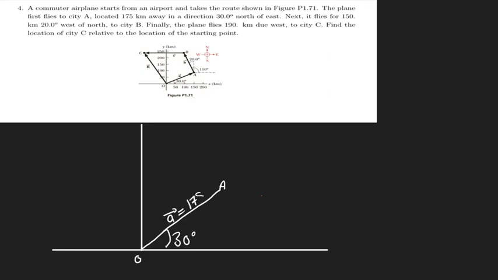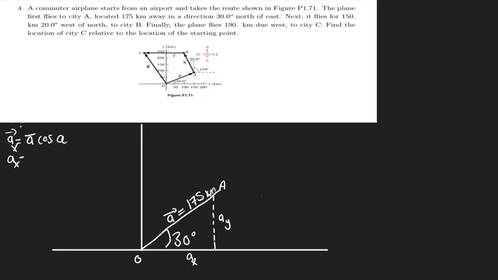If this is 175 kilometers, then of course if you have been following my videos, you know that you are supposed to resolve it into components. This becomes your AY and that becomes your AX. So let's find those components. We know that AX is going to equal vector A cosine theta.